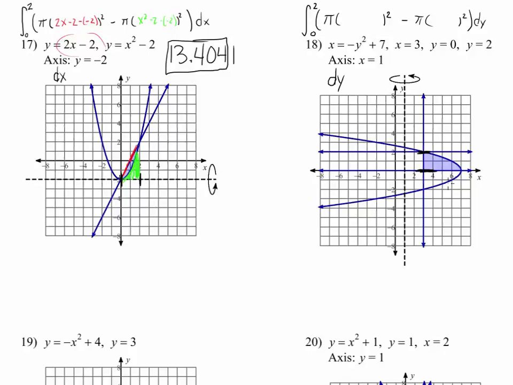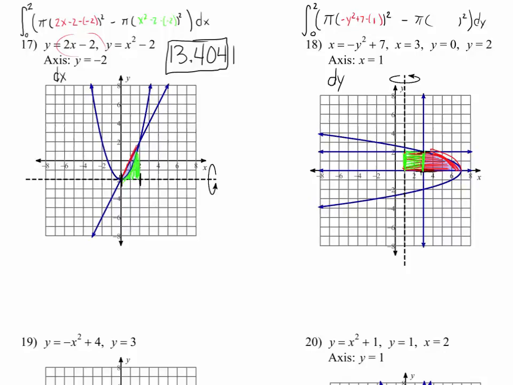Okay, my outside curve, the region right here, that's the top of it. Okay, there's the bottom of it. So we're talking about this volume right here as that gets rotated around. So the top, that's a parabola, so it's going to be negative y squared plus 7 minus our axis of rotation, which is 1. And then we need to get rid of, there's the bottom of our region.